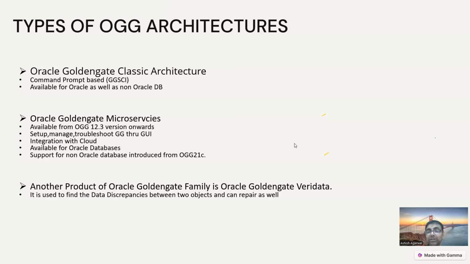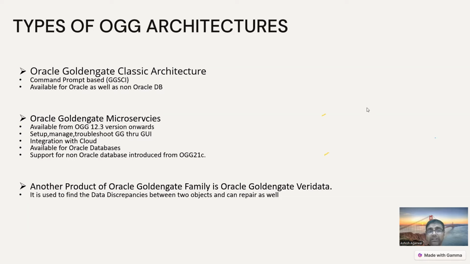Okay, so support for non-Oracle databases has been introduced from GoldenGate version 21c. Now you can use GoldenGate for Oracle as well as non-Oracle databases. Another product in the GoldenGate family is Oracle GoldenGate Veridata.